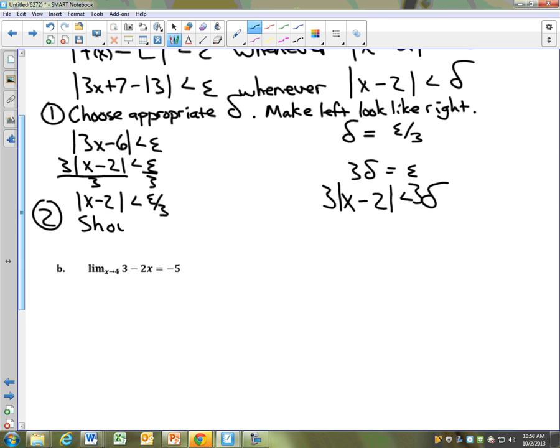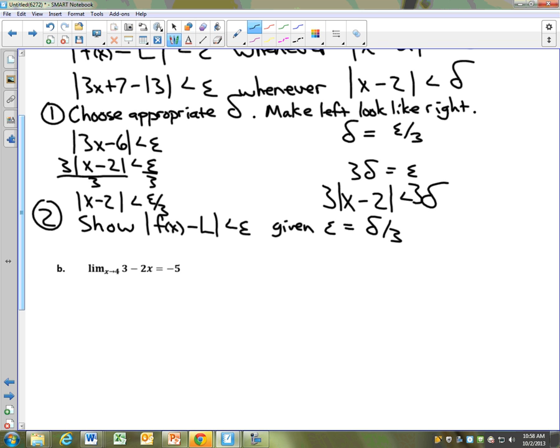Show the absolute value of f of x minus L is less than epsilon, given epsilon equals delta over 3.